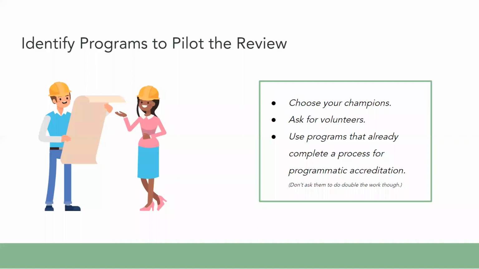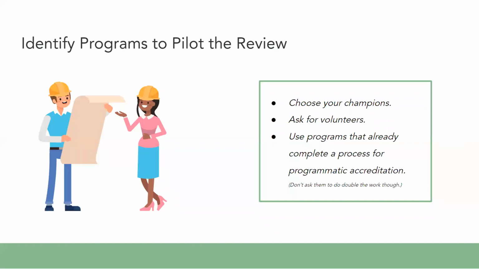Often faculty or staff members know something that you don't know about their situation. And so asking them to volunteer for when it makes sense for them to be in the cycle can be really helpful. One of the things that we can do is we can use the programs that already complete a process for program accreditation with an external accreditor, but we want to definitely keep in mind that we don't need to double up their work.